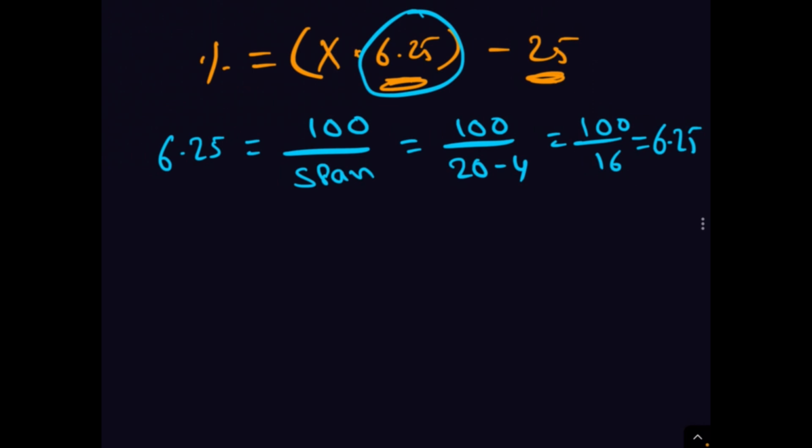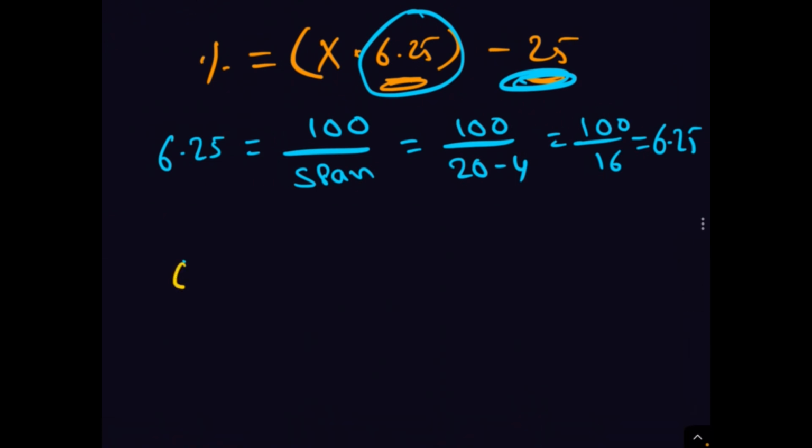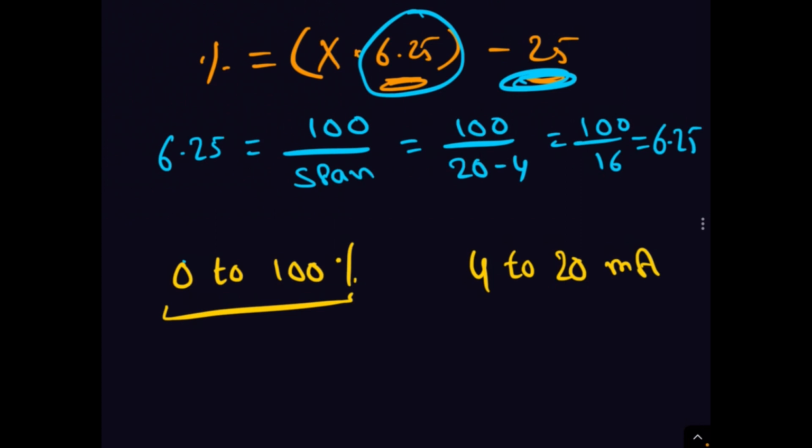What is this 6.25? Next we have to see why we are doing this minus 25. First take the ranges. What is the range of percentage signal? Which is 0 to 100%. And what is the range of current signal? 4 to 20 milliamp. If you see in percentage, the starting value is 0, right?